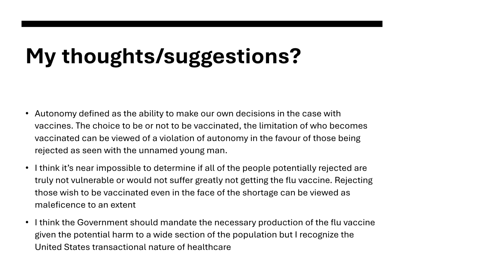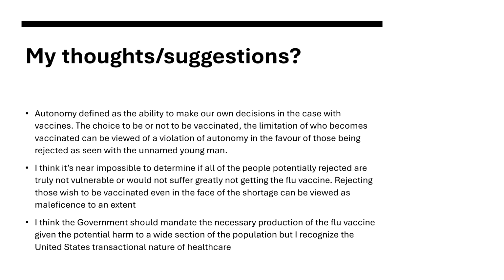Then you have to see if they're violating autonomy in trying to do the overall good by ensuring the most vulnerable people get this vaccine, which might be seen as maleficent to those who are not among the vulnerable, as it leaves them to fend on their own immune system to deal with the flu and not spread it to others.